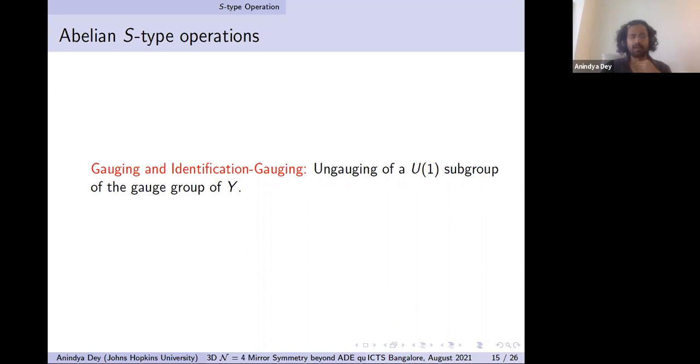So firstly, the gauging and the identification gauging operation simply amounts to ungauging a U1 subgroup of the gauge group of Y. So this is very much similar to what Witten's S-type operation would do.